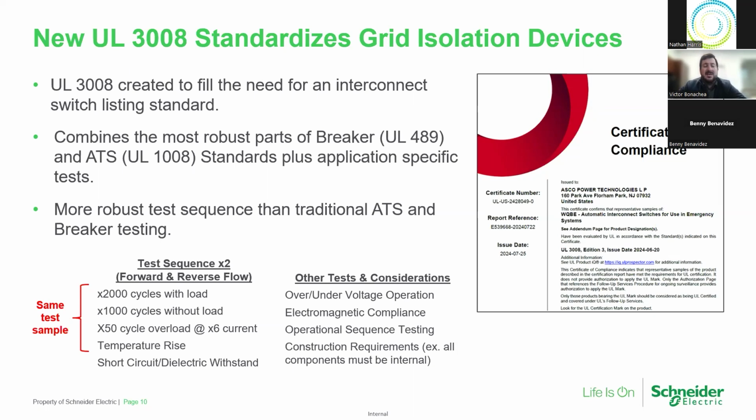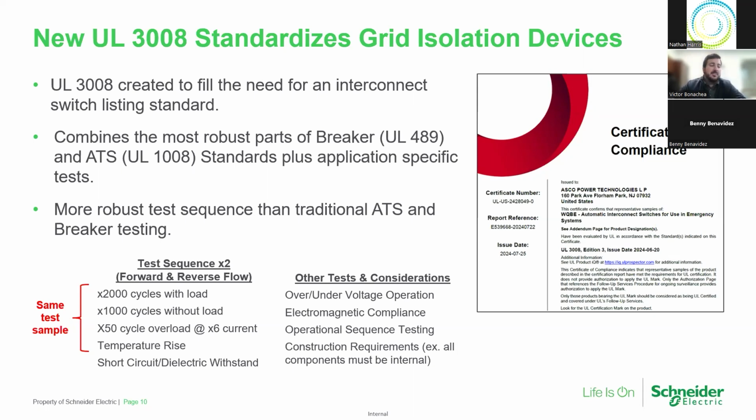And what that means is that although you can use a device like a circuit breaker to provide isolation conceptually, to use one that is UL listed for this application for 3008, you can't just take any circuit breaker. You have to take a circuit breaker and put it through the more robust UL 3008 test sequence to make sure that it meets the UL requirements for automatic interconnect switching, which is similar to the UL 1008 standard.